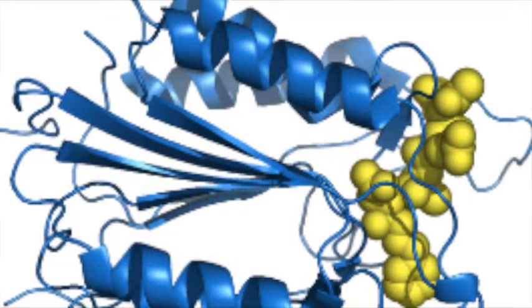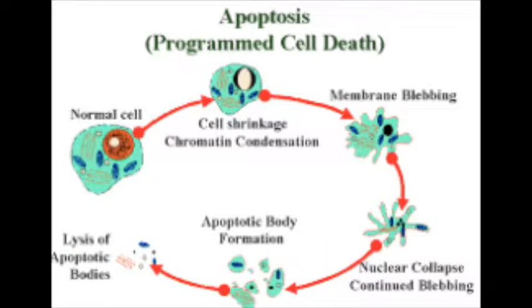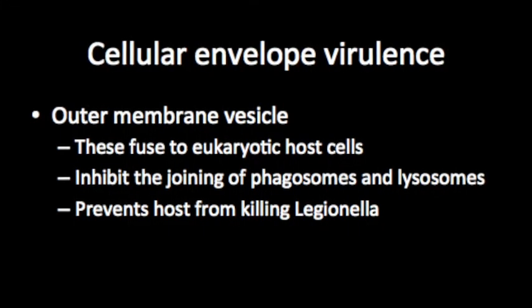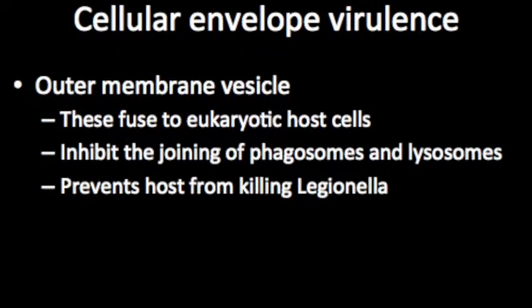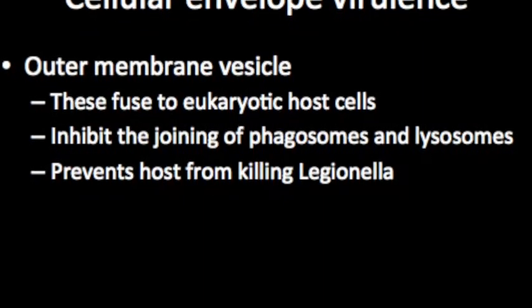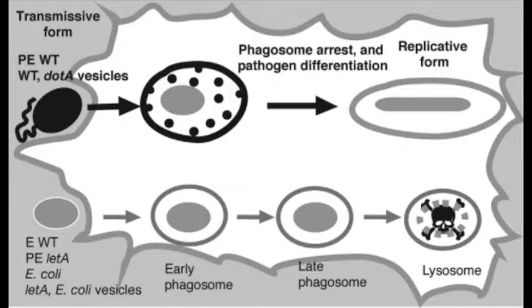Caspase-3 ultimately leads to loss of lysosomal membrane integrity, releasing hydrolases into the cytosol, resulting in its processing of substrates and cell death. There are also virulence factors associated with the cellular envelope of Legionella, including outer membrane vesicles, or OMVs for short. These fuse to eukaryotic host cells, bringing in virulence proteins and factors, and ultimately inhibiting the joining of phagosomes and lysosomes. This prevents the host cell from killing the Legionella.